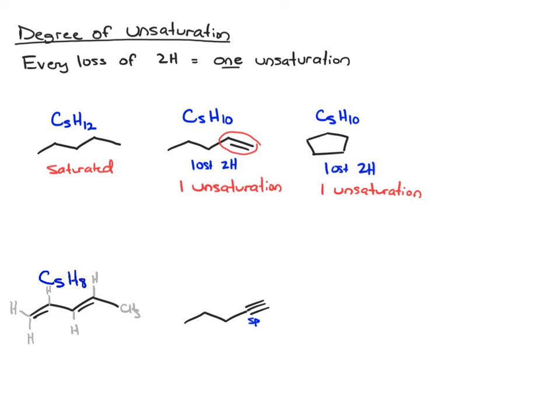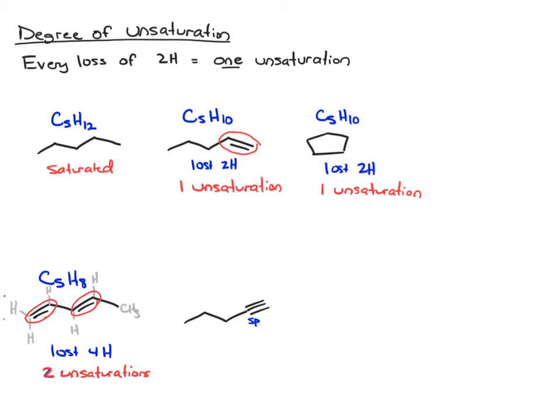So what does that tell us? Well, that tells us that we lost 4 hydrogen, and this is 2 unsaturations. There's 1 for this double bond, 1 for this double bond.